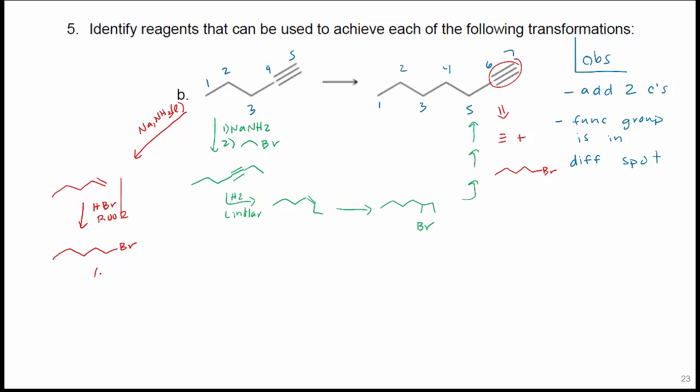And then now that I've made this, we'll call that A, then I can start a different synthesis with acetylene. Use NaNH2, and then insert A, or this guy here, to get our target molecule.